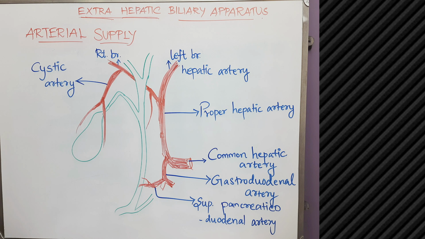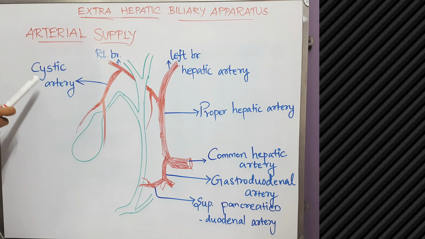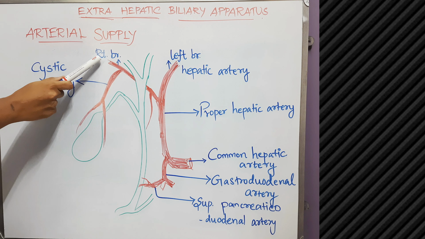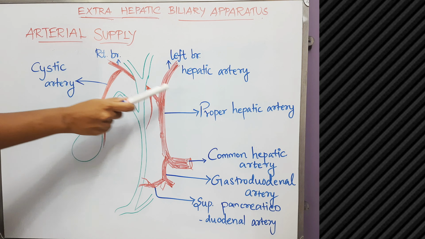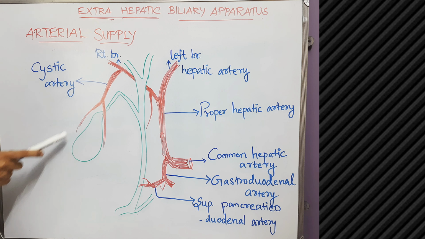Let's see about the arterial supply of extrahepatic biliary apparatus. The main artery is the cystic artery, which is the branch of right hepatic artery. Cystic artery is the main artery that supplies the wall of the gallbladder.